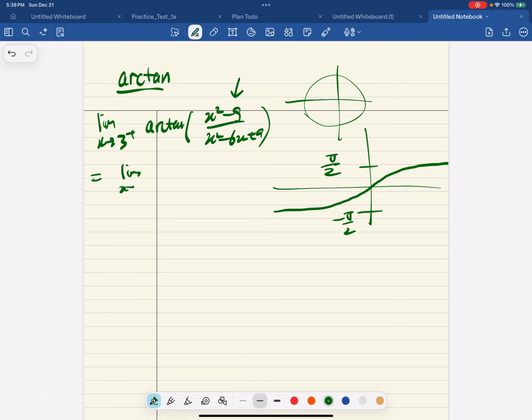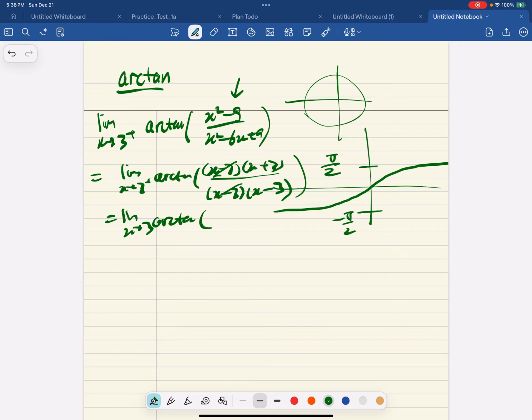So that will be x minus 3, x plus 3, divided by, factoring, x minus 3, x minus 3 as well. And that cancels out. You plug in the 3, which gives 3 plus 3 is 6 on top, divided by 0.